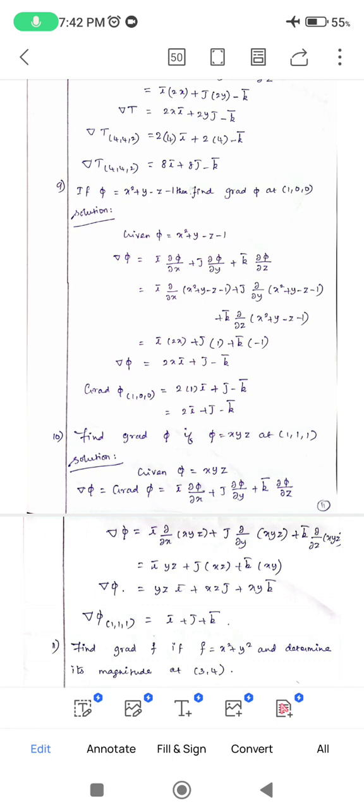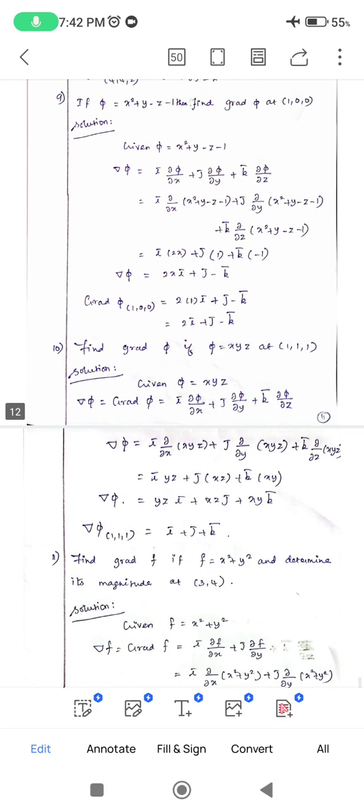And the next problem: if phi is equal to x square plus y minus z minus 1, then find the gradient of phi at (1, 0, 0). Given phi is equal to x square plus y minus z minus 1. So del phi is written as i into ∂phi/∂x plus j into ∂phi/∂y plus k into ∂phi/∂z. Differentiating with respect to x, we get i into 2x plus j into 1 plus k vector into minus 1.